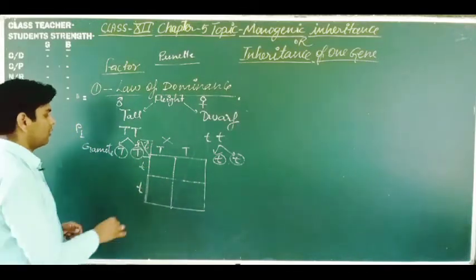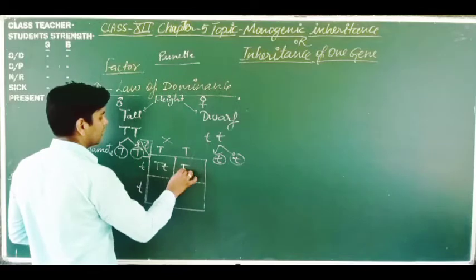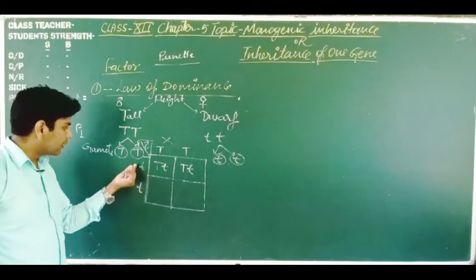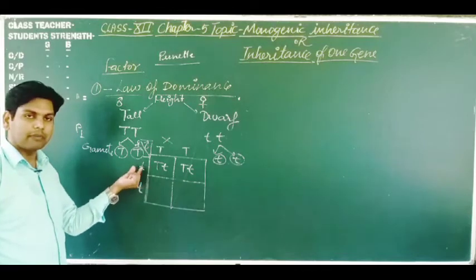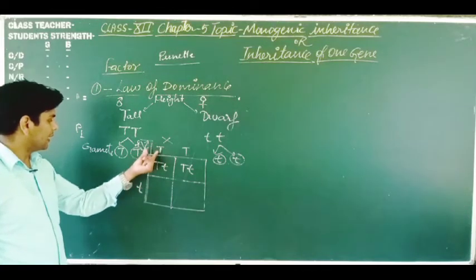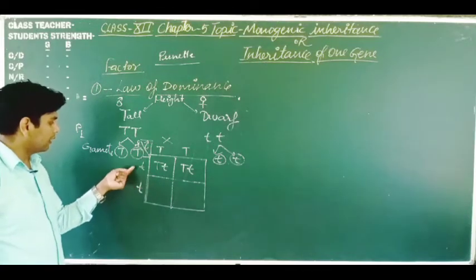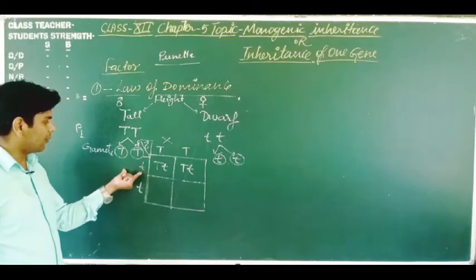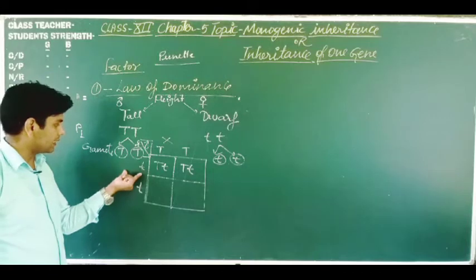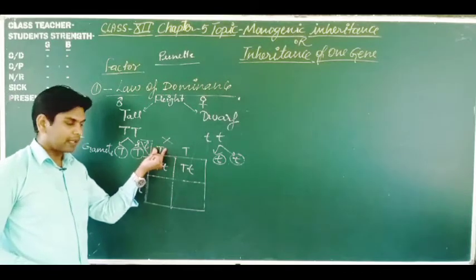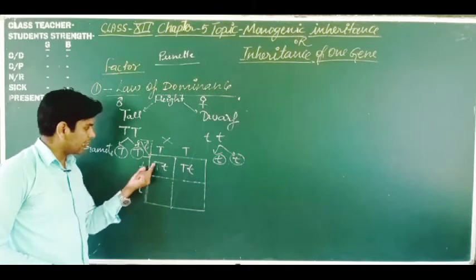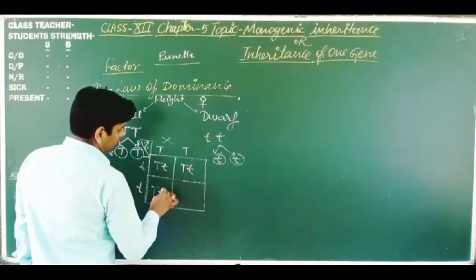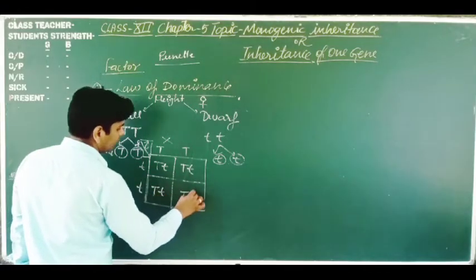When we make the cross, capital T with small t is the combination; it is the probability of fertilization with a male gamete. The female gamete, small t, will fuse first with one male gamete and a second time with the other. So these are two probabilities. Here we have written capital T small t, capital T small t.